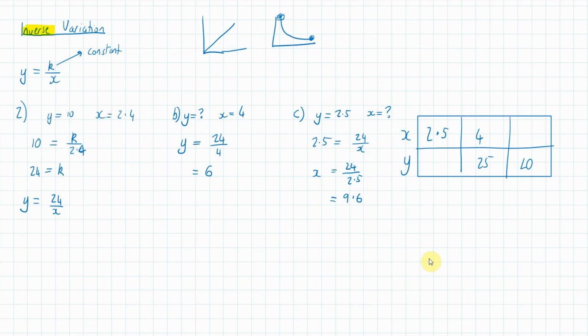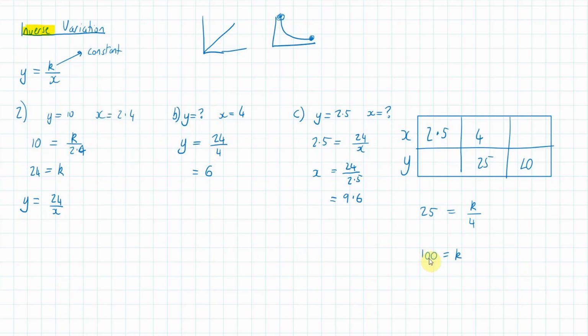Have a look at 25 and 4. You can find your constant of proportionality, so we know that k is 100. Therefore, we can now find the others.